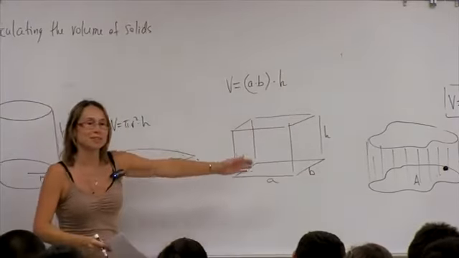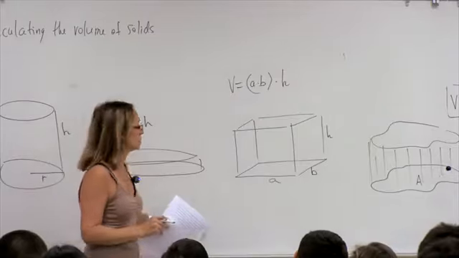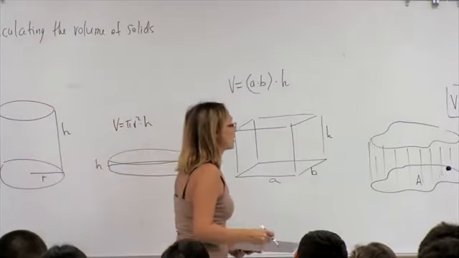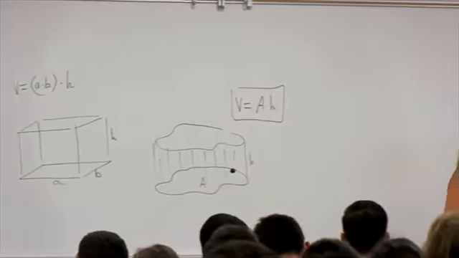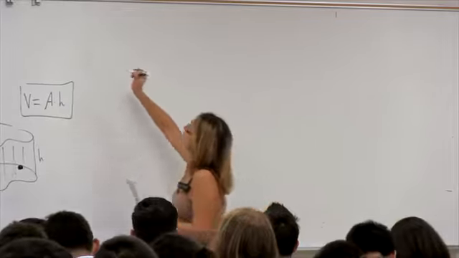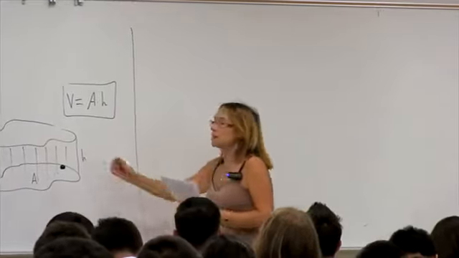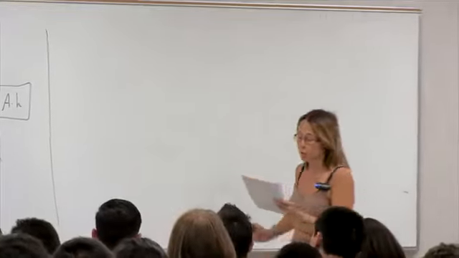Obviously that's just the multiplication of the 3 dimensions of this rectangular body. But this is the general formula we're going to use. The reason to use it is that it gives us a way to calculate volumes of almost anything.